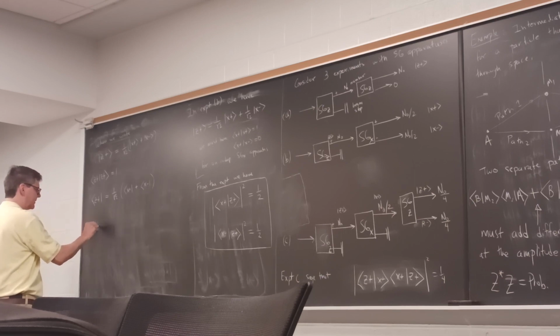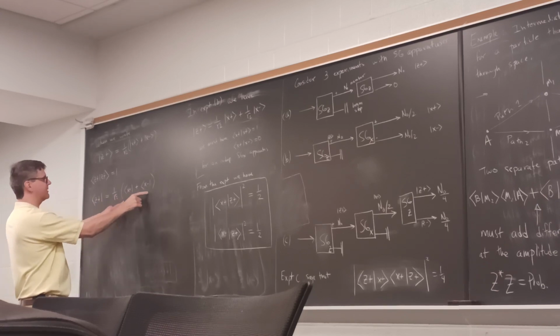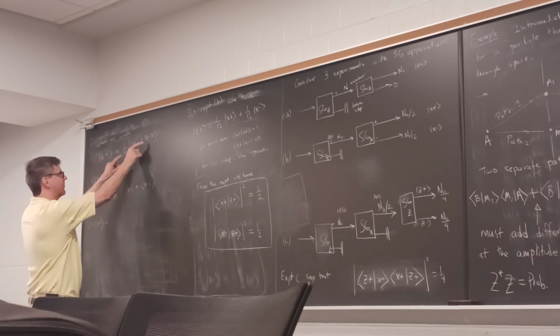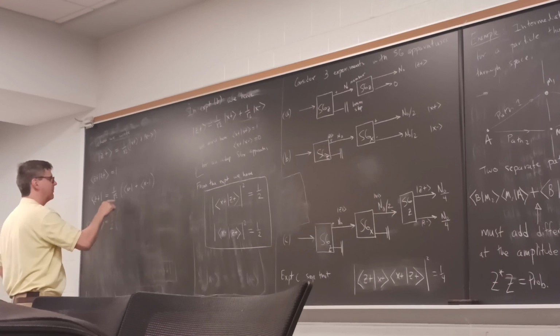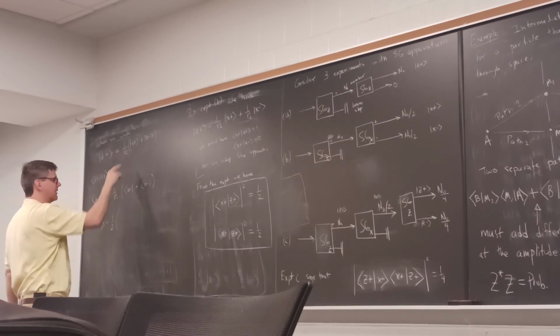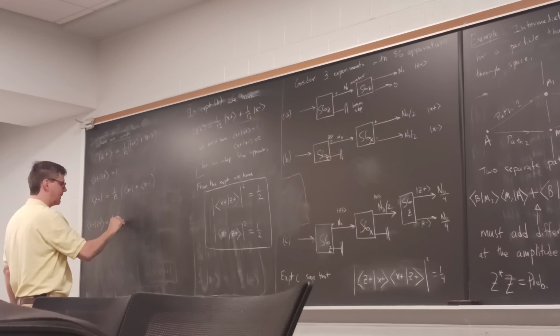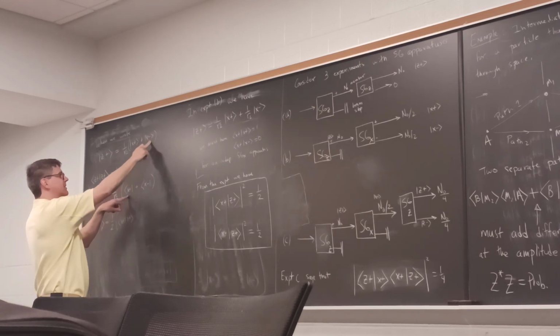So Z plus, well, if I take this and come in from the left onto this, I'll have a half from each of these terms, and then this X plus will hit this X plus. That'll give me 1. This X plus will hit this X minus, give me 0.